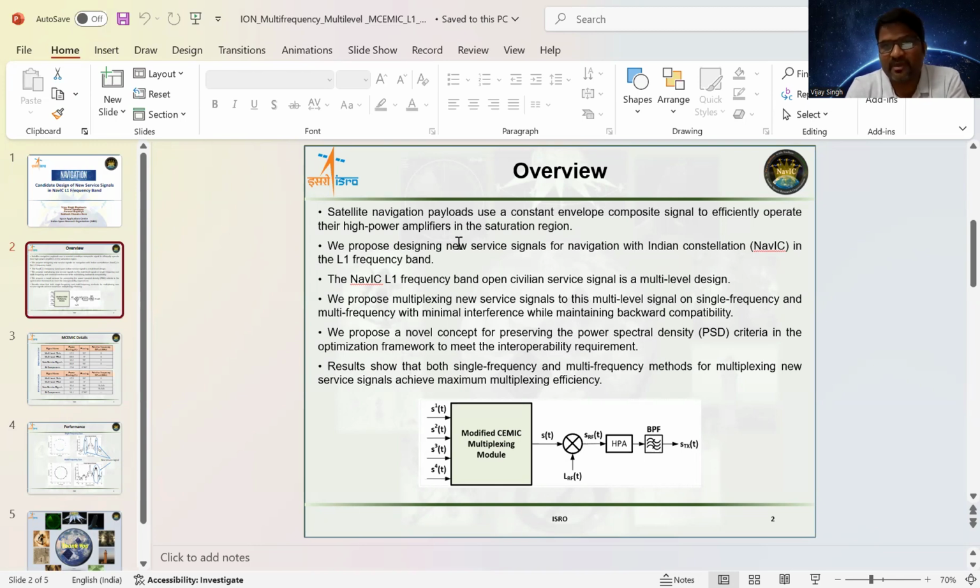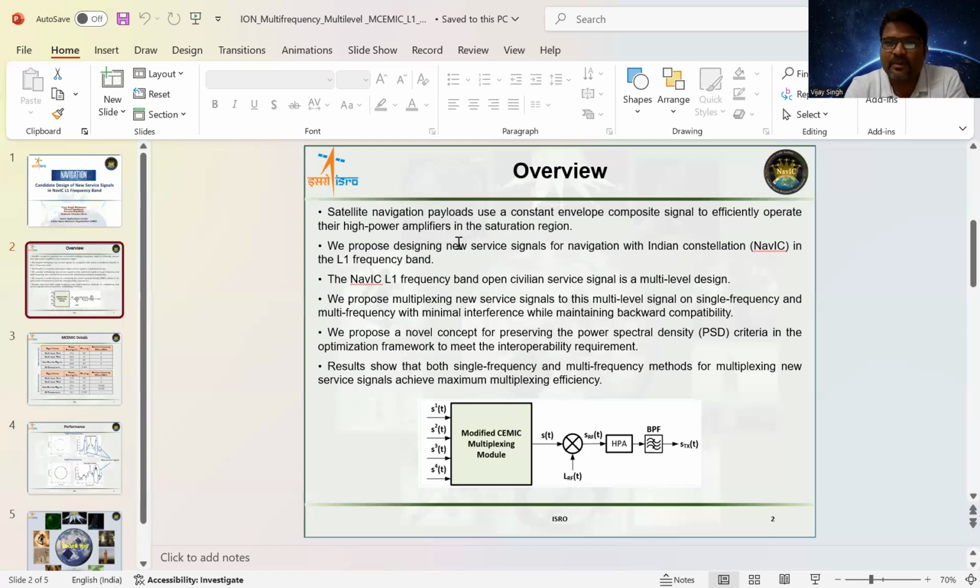In this paper, we have designed a scheme to transmit this signal over a single frequency or multi-frequency case. In the single frequency case, the center frequency of our SPS signal will be the same as our new service signal, and for the multi-frequency case it will be transmitted at a certain offset frequency.